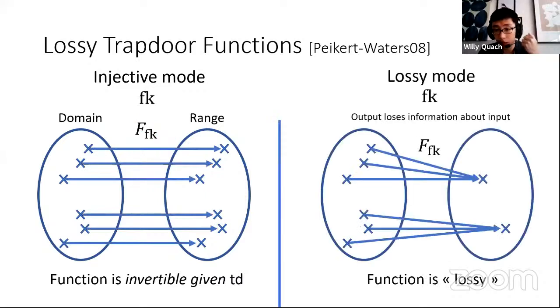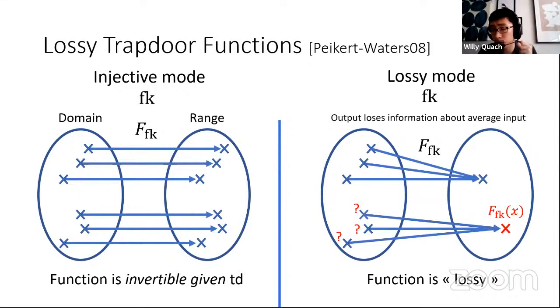There will also be an alternative mode of sampling the keys called the lossy mode. The idea is that applying the function should information theoretically lose some information about the input. What does that mean? Say you sample some point in your domain at random and apply the function. So you get an output. Now I'm just giving you the output and I'm asking what was the particular X I started from.